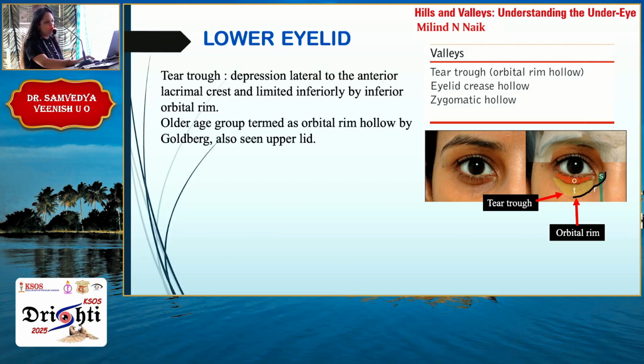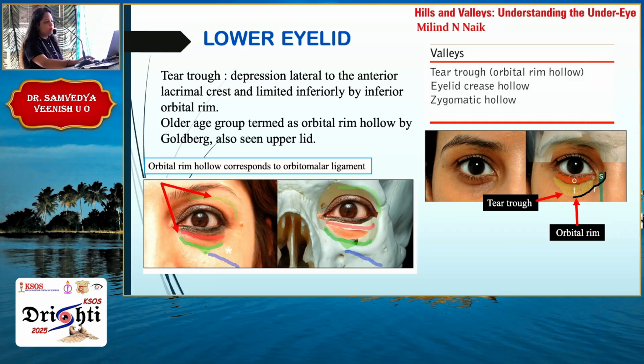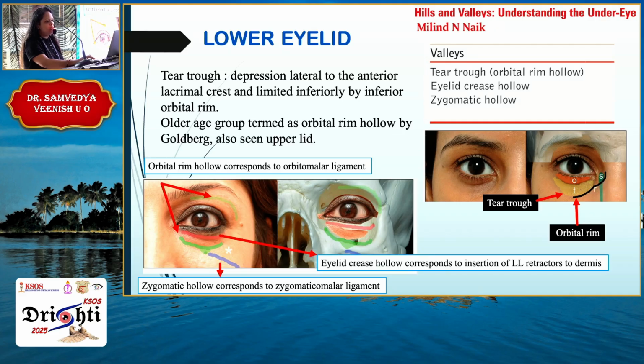The tear trough is called the orbital rim hollow in elderly patients, and it corresponds to the orbitomalar ligament. The zygomatic hollow corresponds to the zygomatico-malar ligament, and the eyelid crease hollow corresponds to the insertion of the lower lid retractors to the dermis. Between the zygomatico-malar ligament and the orbitomalar ligament, you see the malar mounds.